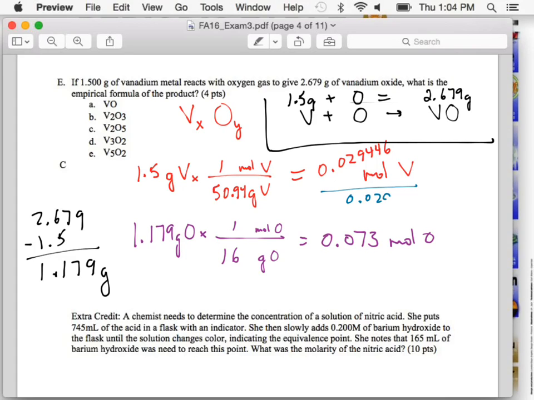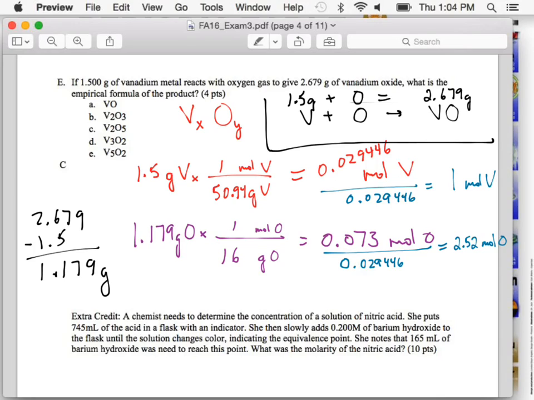So I divide them both by the 0.029446. First one equals 1. Yay! Moles of vanadium. The next one equals 2.5. 2.5 moles of oxygen.